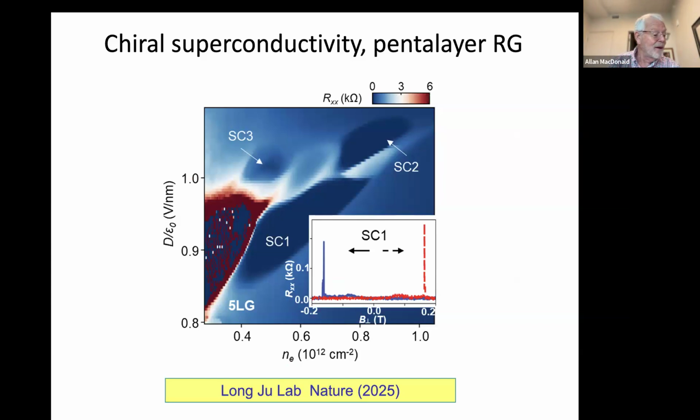For my remaining time, I'm going to concentrate on the ordered states that occur within the quarter metal state, and this is the original discovery of the phase space from Longju's 2025 Nature paper, where you can see these superconducting pockets already present.